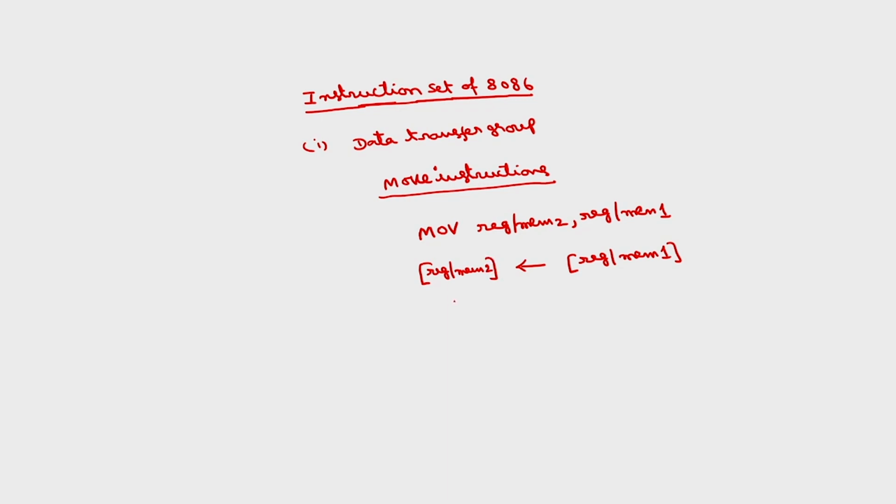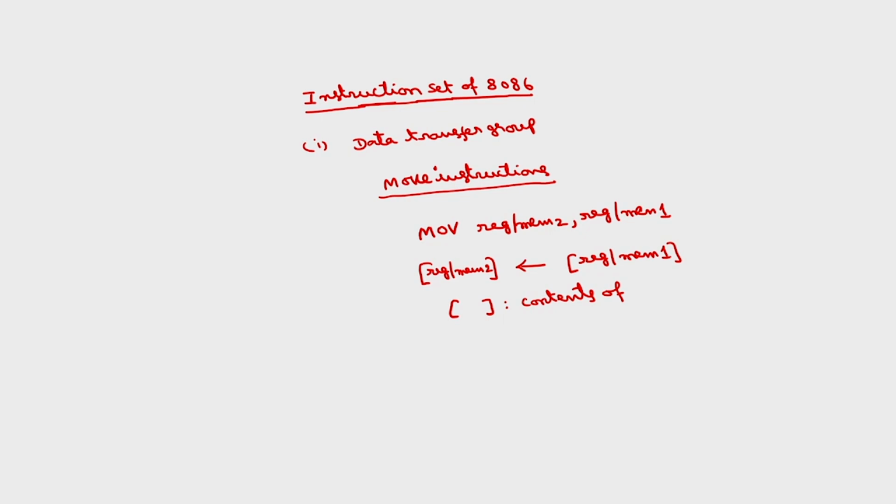In microprocessor terminology, this square bracket represents contents of. Here there are 4 possibilities: register to register, register to memory, or memory to register. The fourth combination is not allowed.